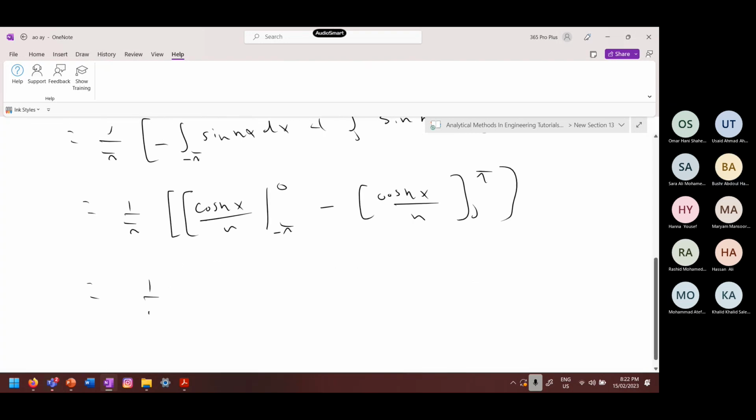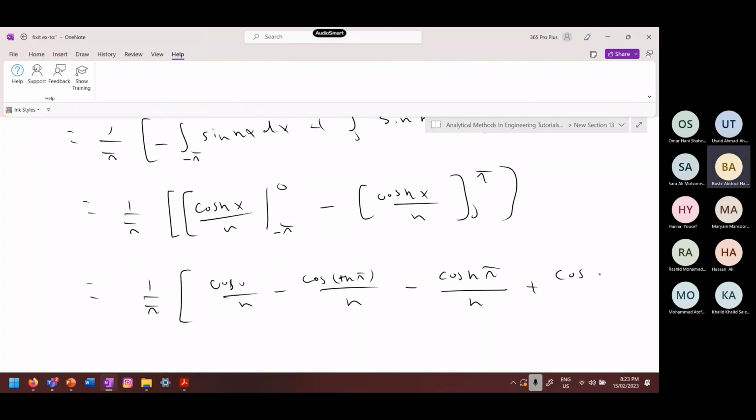You'll get 1 over pi times cosine 0 over n minus cosine of negative n pi, which is the same as cosine n pi because cosine is an even function, so the negative does not affect it, over n, minus cosine n pi over n, plus cosine 0 over n.